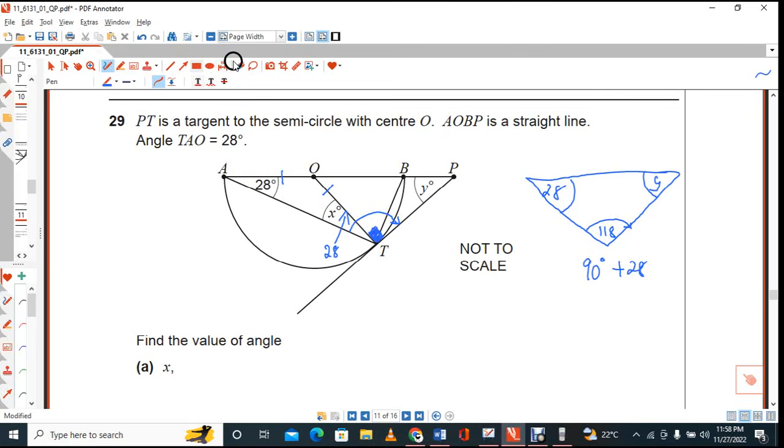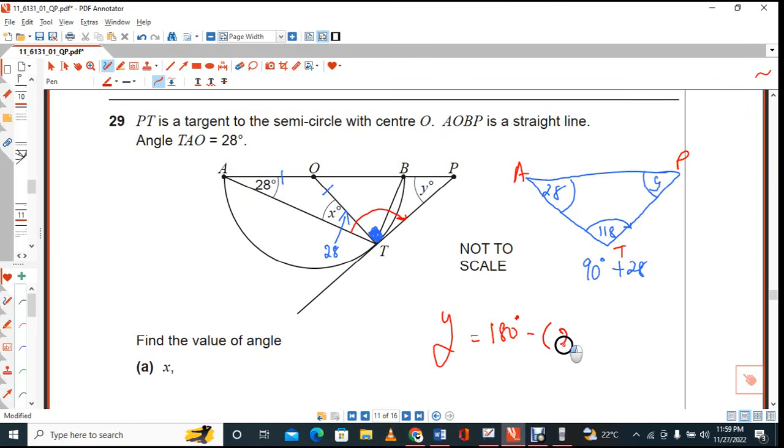You can also use a different triangle, of course, to find that. If that is the case, I can calculate my Y here. The sum of the whole triangle A, P, T should be 180 degrees.